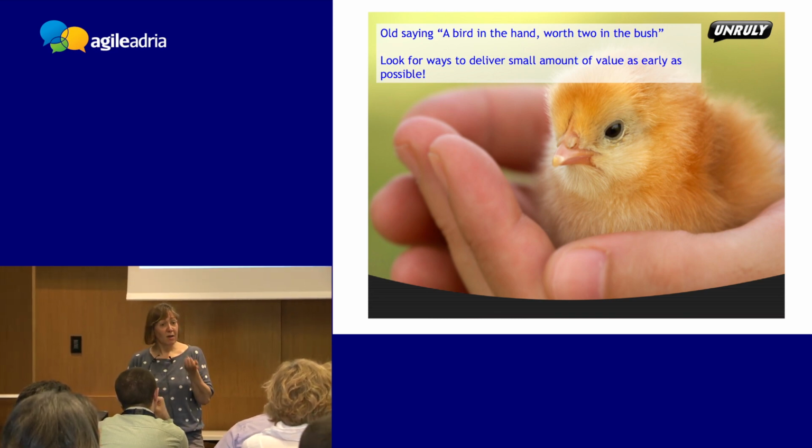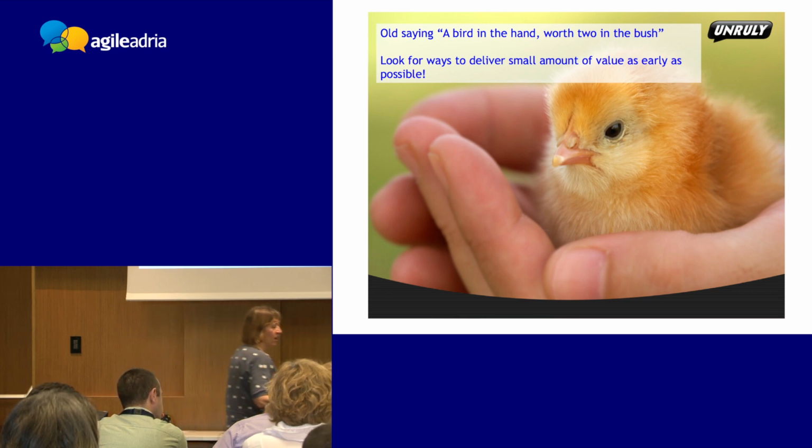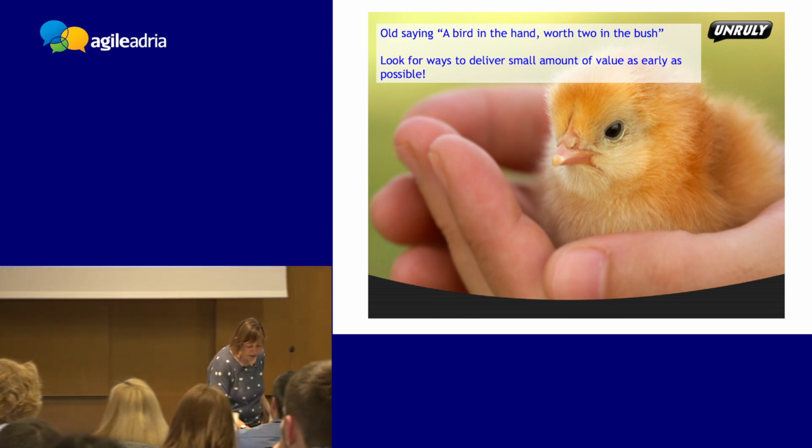So the idea with user stories is to build something that you really can start using soon, rather than have a long period where there's nothing delivered. So software is your bird in the hand, and you try to have lots of little birds that you can use.